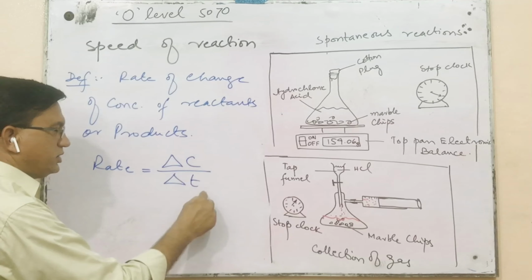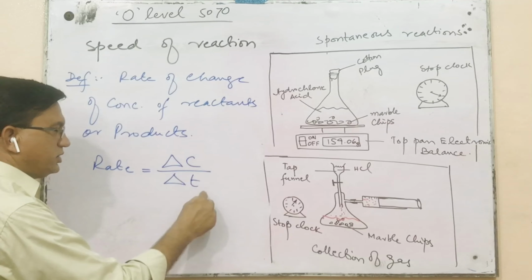From this mathematical expression, the unit of concentration is mole per dm³, and if the time is taken in seconds, then the unit will become mole per dm³ per second. This is the definition of rate of reaction, this is the mathematical form, and this is the unit used for the rate of reaction.